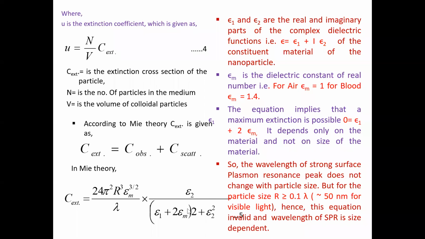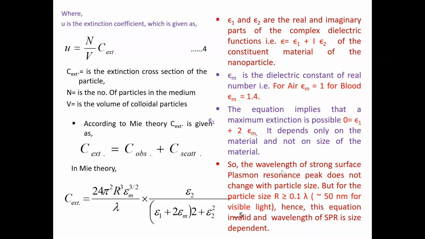So it means that the medium is different, or the nanoparticle material is different. This implies that the maximum extinction is possible when 0 equals epsilon 1 plus 2 into epsilon m. So it depends only on the material and not on the size.